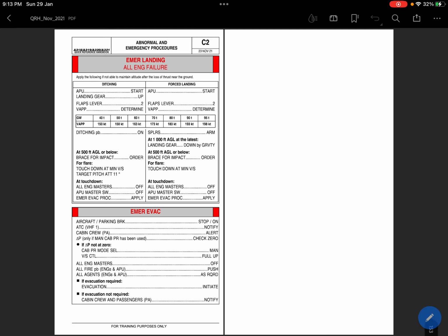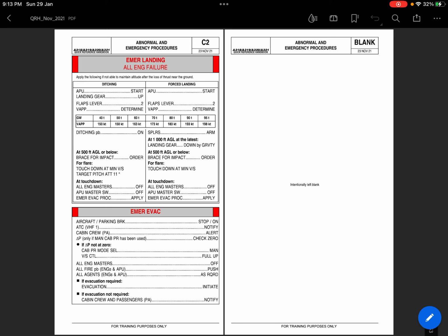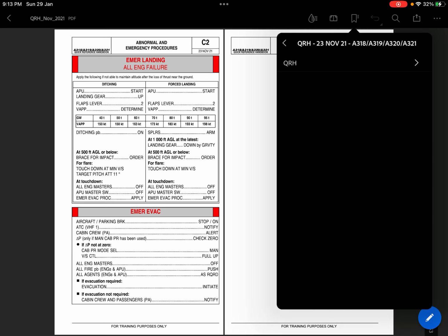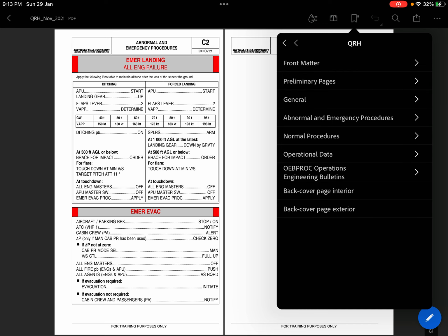So here is the QRH, and we will go to the abnormal and emergency procedures, then electric emergency configuration, systems remaining, right?